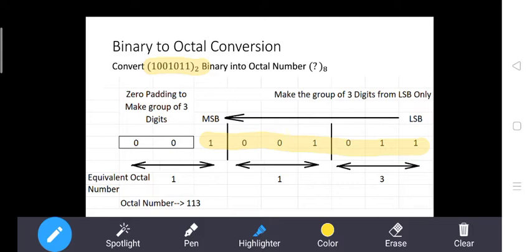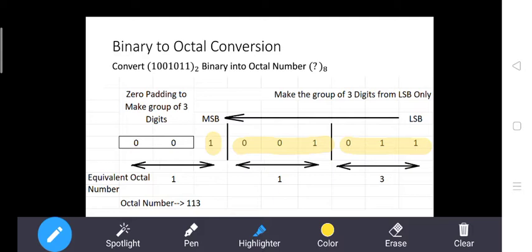To convert to octal, we need to make groups of 3 digits from the LSB. This is my LSB position, this is my MSB position. So this is my first group, this is my second group, and only one digit is remaining in the third group.